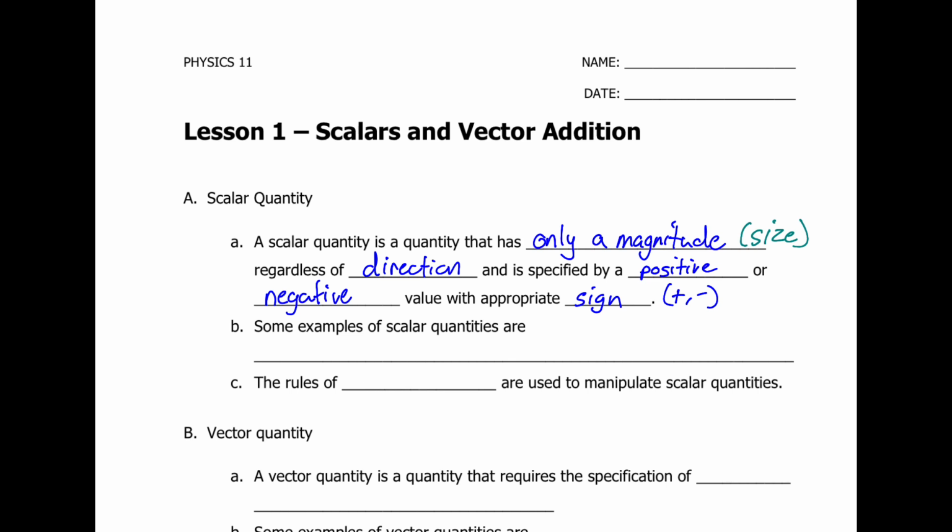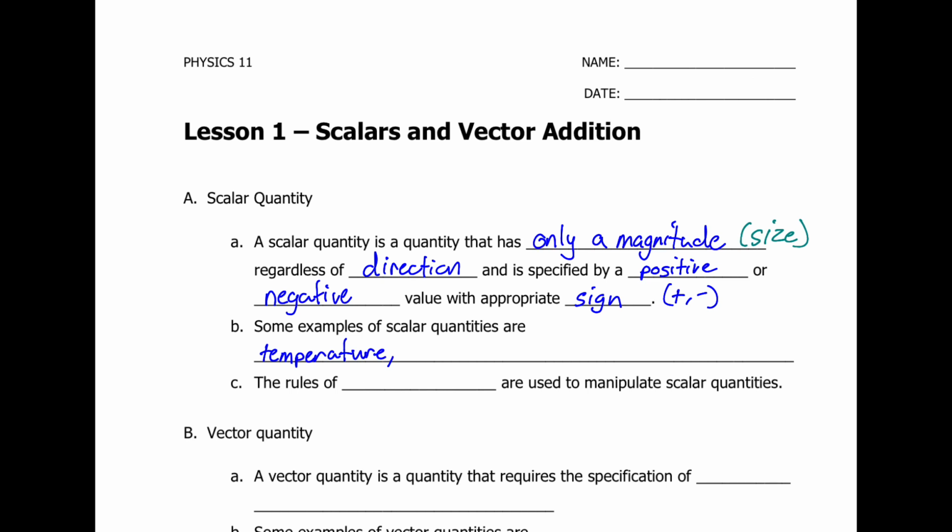Some examples of scalar quantities are, and my first example will be, temperature. I'm going to use temperature because it's a good example of how positives and negatives work with scalars. In our common usage, we use Celsius, and that can have positive and negative numbers, but that's only relative to the freezing point of water, where we have 0 as the freezing point of water, so negative numbers are common.